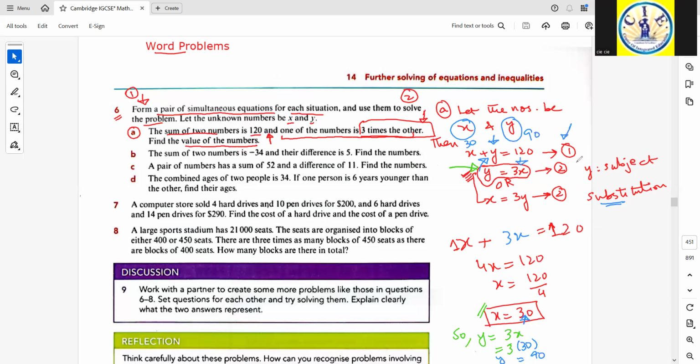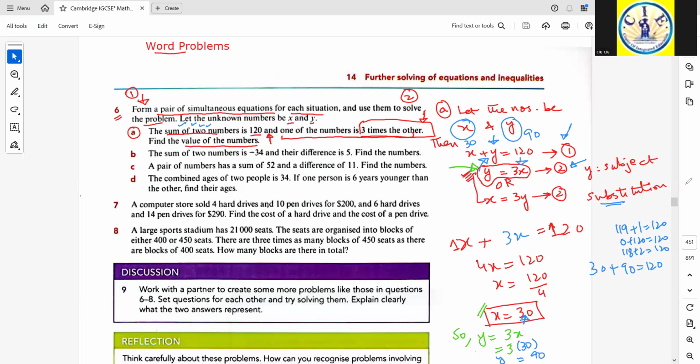Now you can see that these two values fulfill the two given conditions. The sum of the two numbers is 120. We can have different numbers whose sum is 120, like 119 plus 1 equals 120, 0 plus 120 equals 120, 118 plus 2 equals 120.